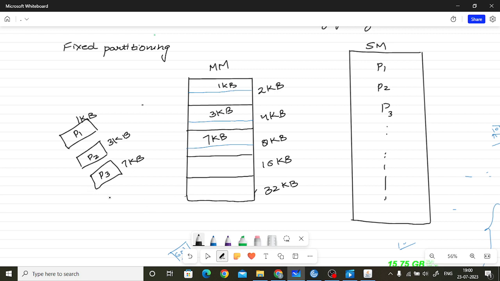We have one more process, P4, of size 15 KB, and another process, P5, of size 31 KB. By using the best fit algorithm, I'll explain what is best fit, what is worst fit, and all. So I am allocating the processes by using best fit. So what is best fit?